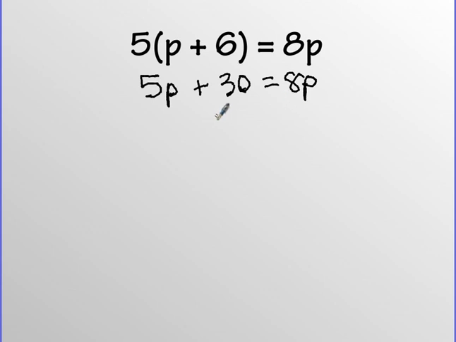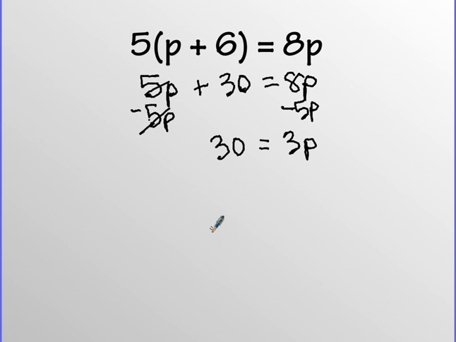My answer is absolutely yes, so I need to get rid of one set. This time I'm going to get rid of the 5 p's from my left-hand side. I'm going to subtract them from both sides, and those cancel. Now I have a positive 30 and a 3p.